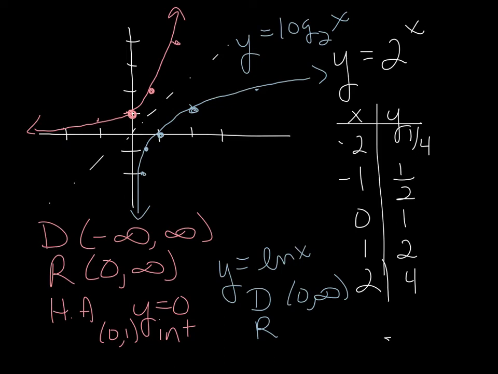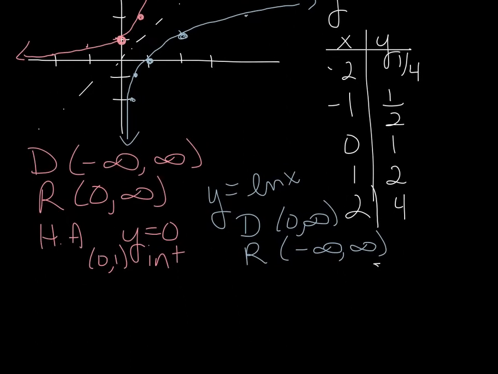Negative infinity to infinity. Does this have a horizontal asymptote? No. But it has a vertical asymptote, and that vertical asymptote occurs at x equals 0.